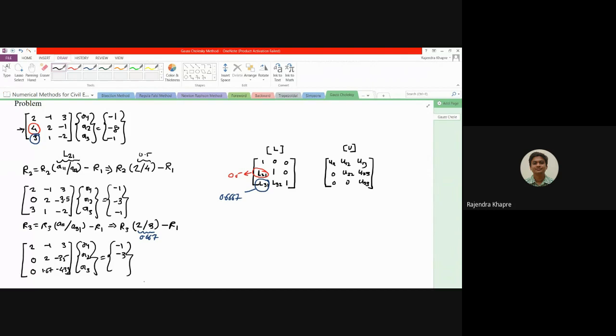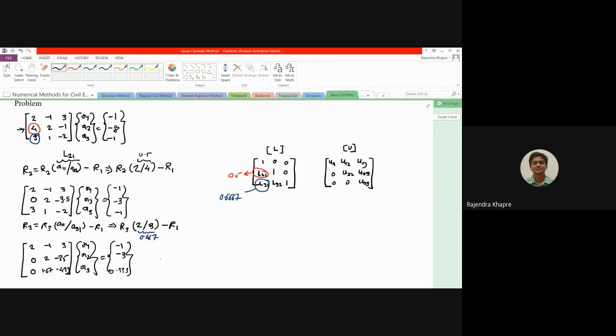So it is basically minus 1 into 0.6667, then minus of minus 1, 0.333. Okay, good. So you see, with the Gauss elimination method, we have eliminated the two elements.